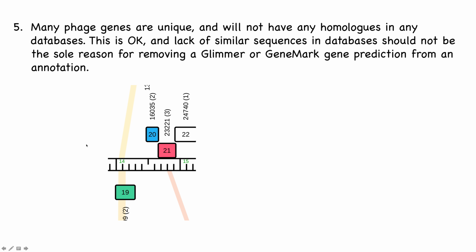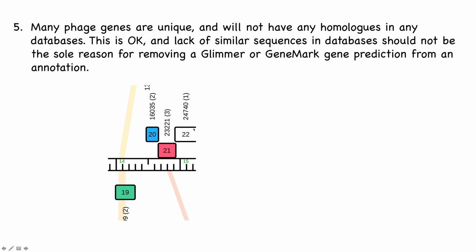An example is here in this Famarator image, where we have 3 forward genes here, and this white box indicates a gene that doesn't match any gene in the NCBI database or the PhagesDB database.